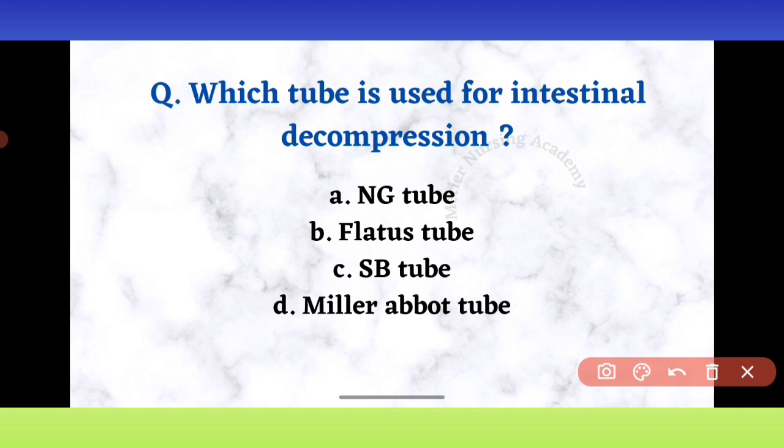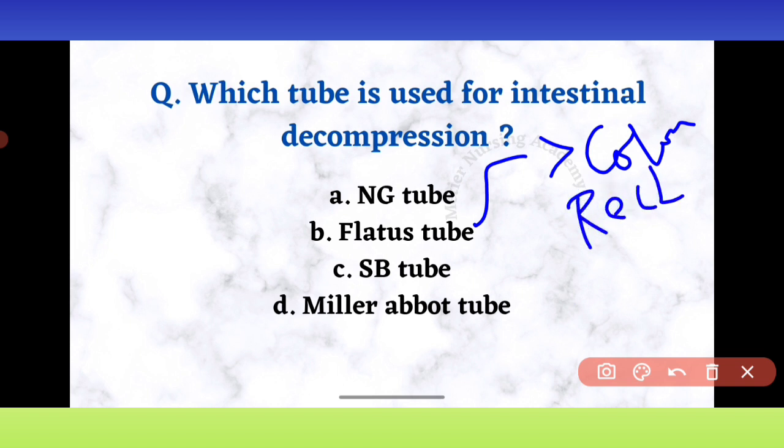Some of the important golden points are there for the flattest tube. I'm going to explain it. Please listen carefully. The first point is the flattest tube is also called colon tube or rectal tube.